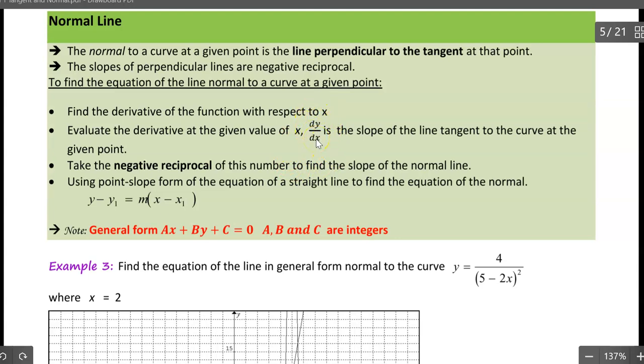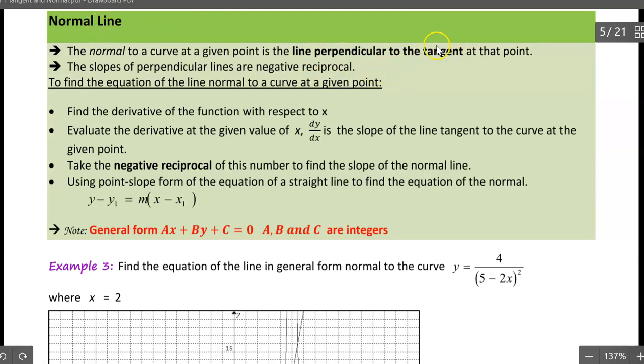It means that you are finding the slope of the line tangent to the curve at that given point. After you find the slope of the line tangent to the curve, you will take the negative reciprocal of that slope to find the line perpendicular to that. And the line perpendicular to that tangent is actually called the normal line.